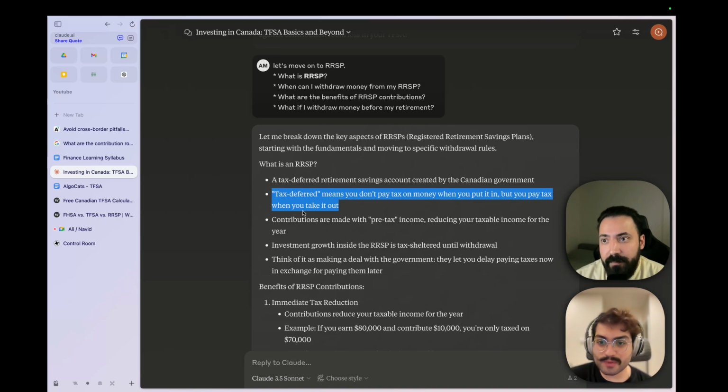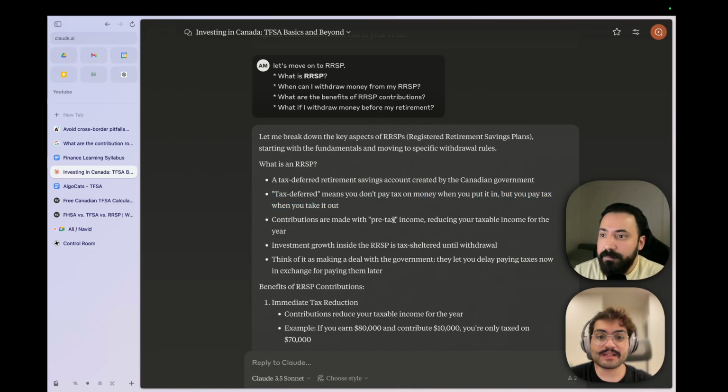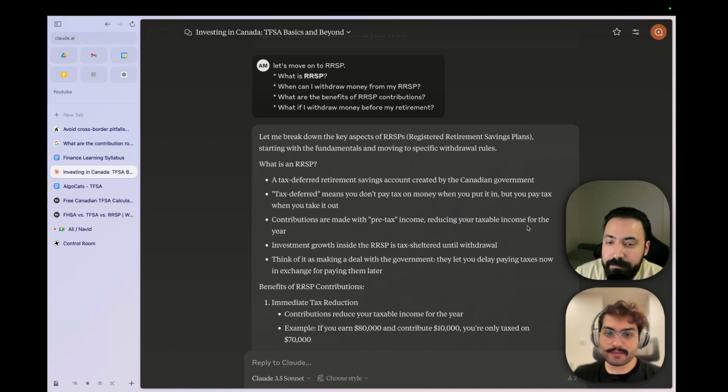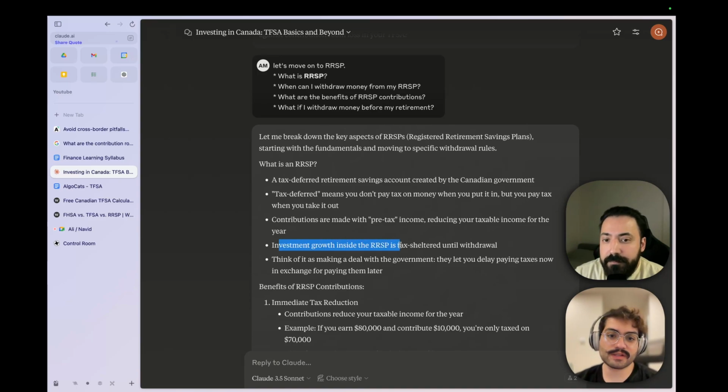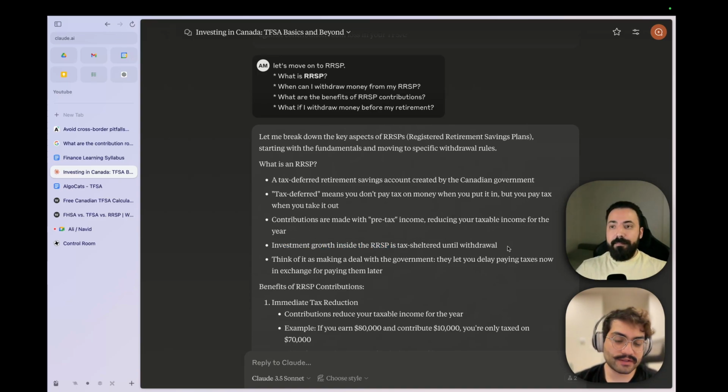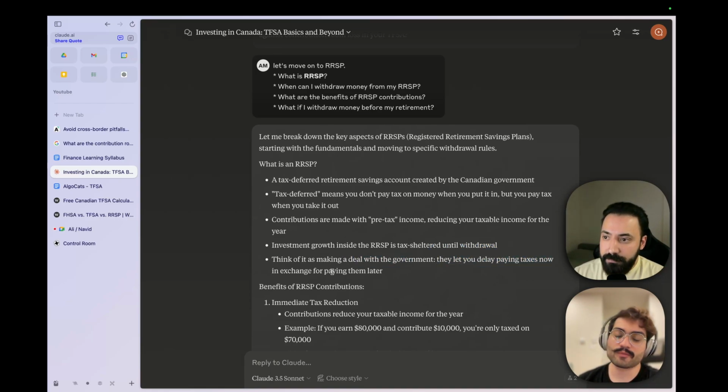But for RRSP, contributions are made with pre-tax income, and it reduces your taxable income for that year until the time you take it out. So you put the money there, and investment growth in RRSP is tax sheltered until withdrawal. So you make a deal with government: they let you delay paying tax now in exchange for paying them later.